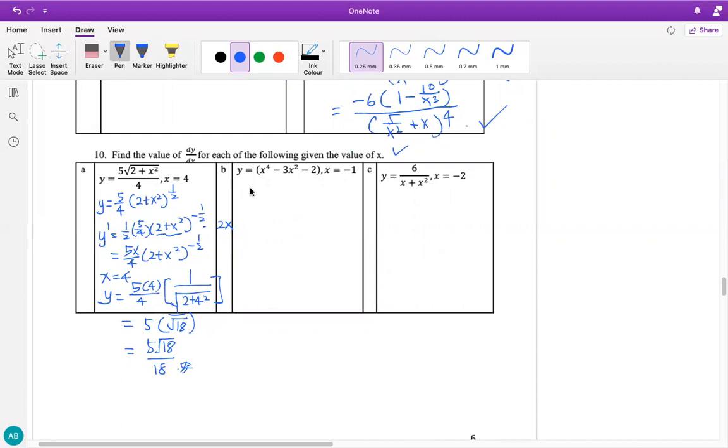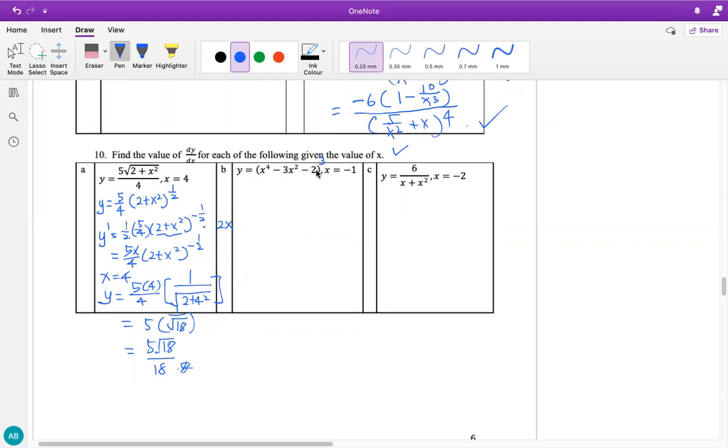B, you differentiate. I think B is x to the power 4 minus 3x squared, and this one is power 3.